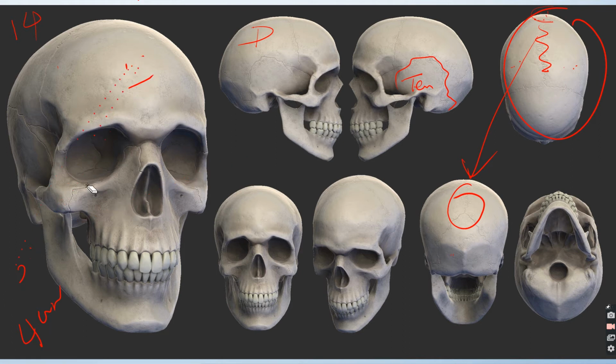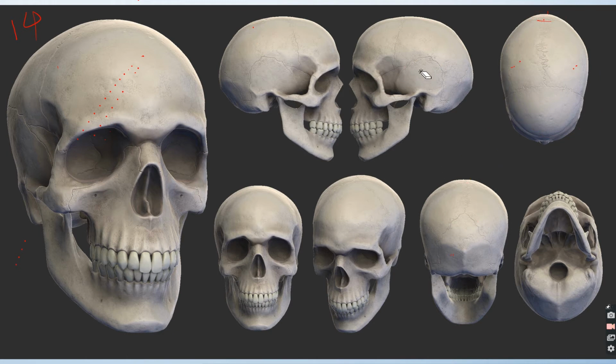Now let me take you through the paired bones. The paired bones are, as I explained, the parietal bone and the temporal bone.